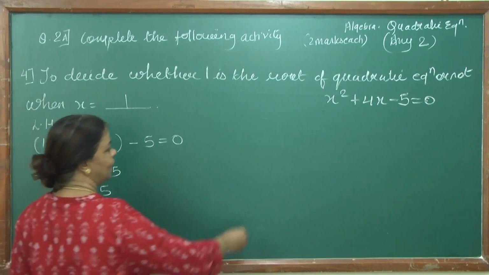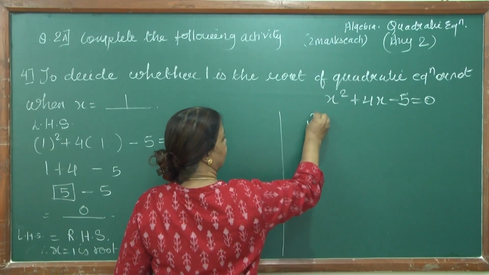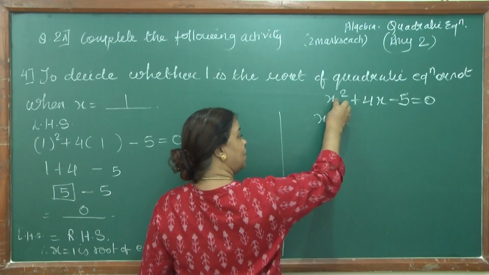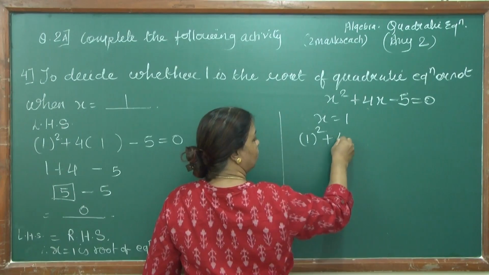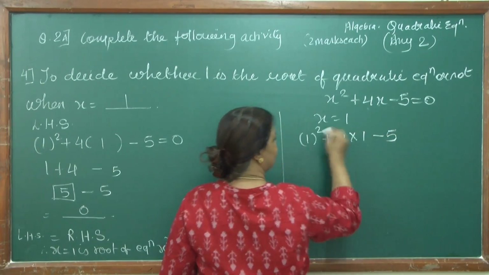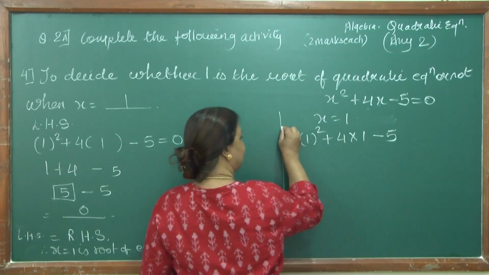Let me solve it properly here. x square means 1 square because x is equal to 1. Therefore x square means 1 square, plus 4 into 1, minus 5. This is the left hand side I am taking, children.